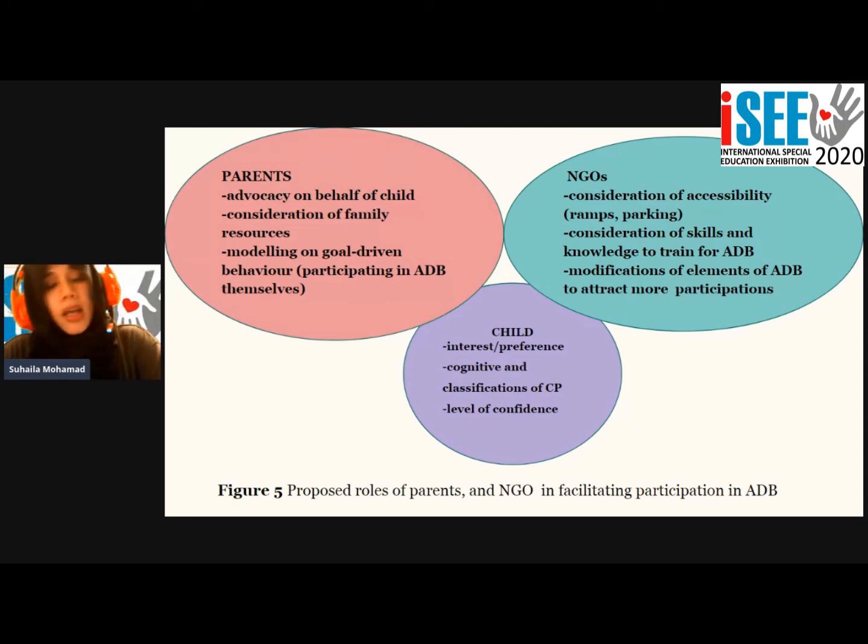Apart from that, they can also consider family resources. As for NGOs, they can consider accessibility for their future participants, a consideration of skills and knowledge to train for ADB, as well as modifications of elements of ADB to attract more participants.